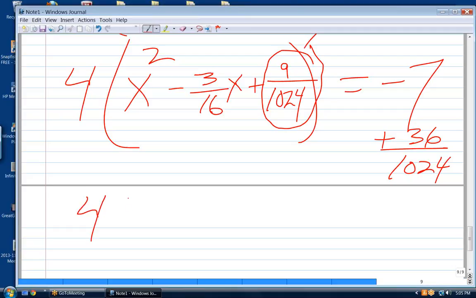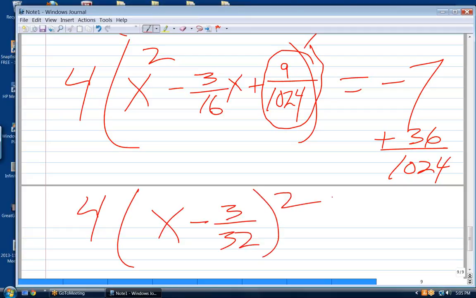Now I can write everything that's in parentheses as x minus 3/32 squared. In other words, the act of completing the square always allows you to write this term as x minus h squared, where this number is the number you got when you took half of that. And now what do I have over here?